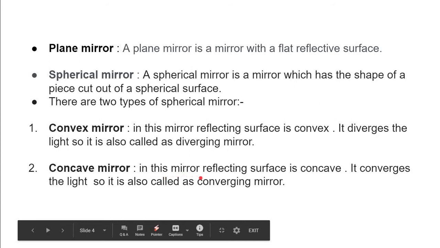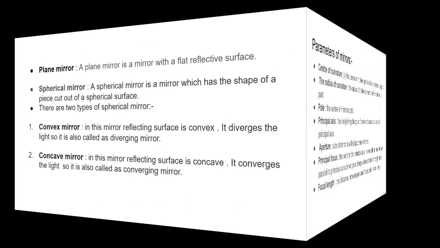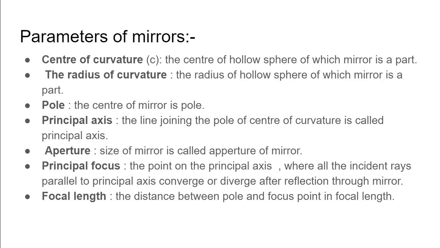A concave mirror has a cave type of surface through which it converges the light, and that's why it is called a converging mirror.